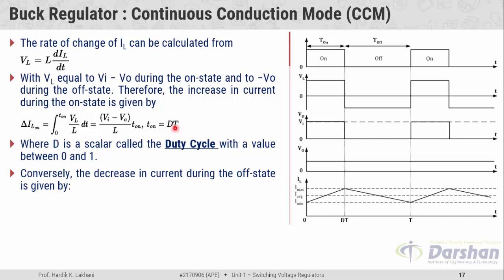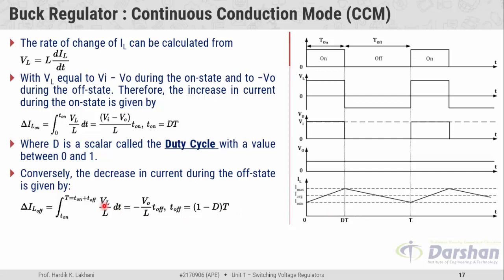Conversely, the decrease in the current during the off state is given by delta IL off. The integration starts from this T on instant and goes up to T on plus T off, at which instant is marked as total time T. During this time interval, the current through the inductor decreases, and the equation shows the rate of change of current during the off time period.